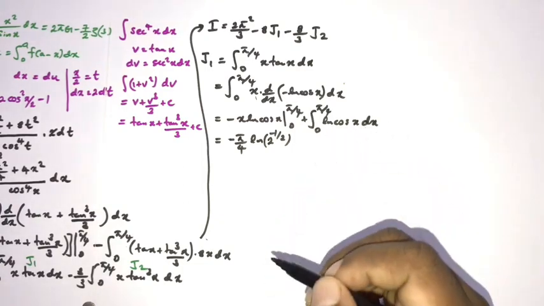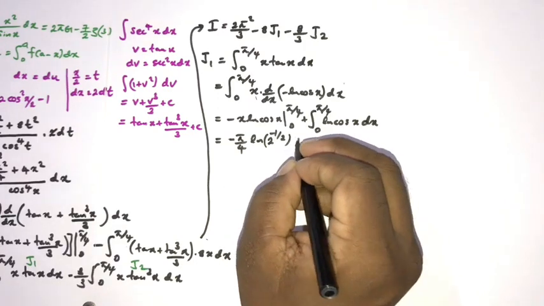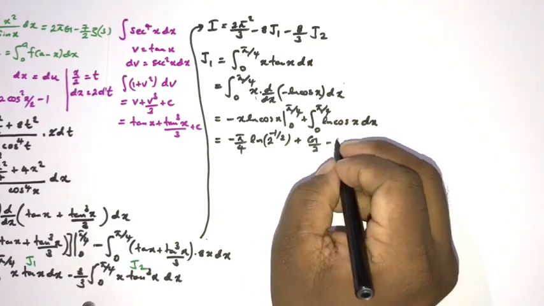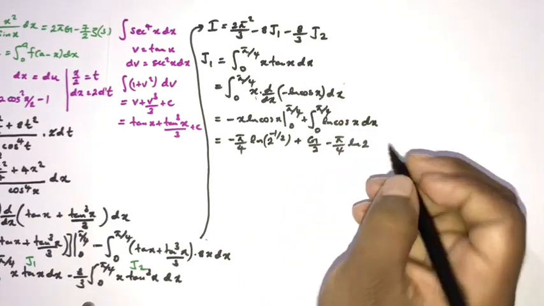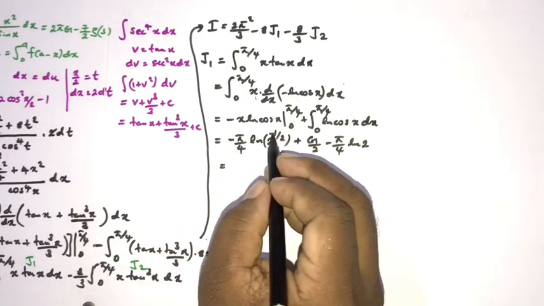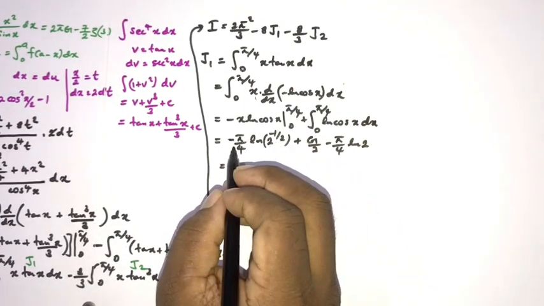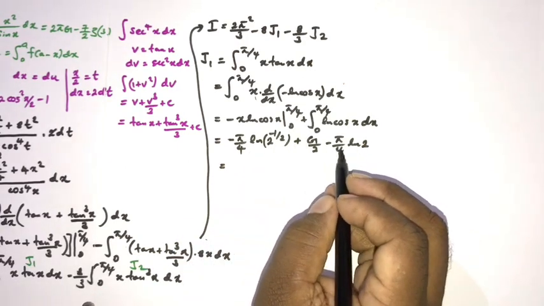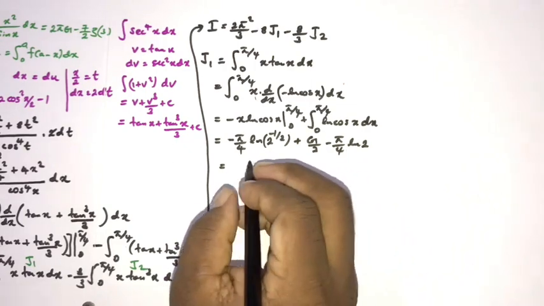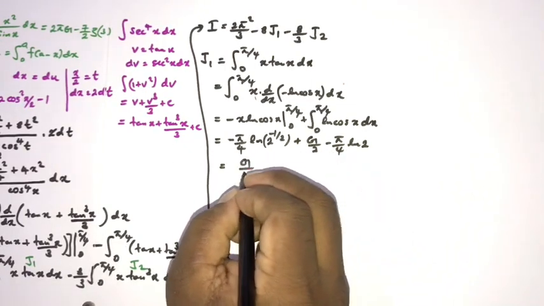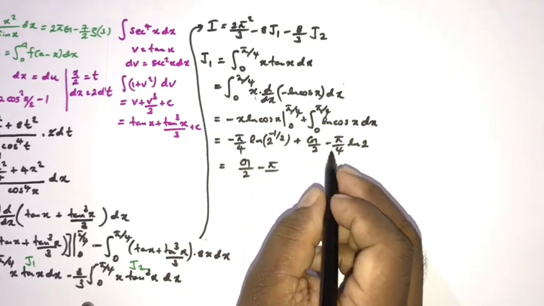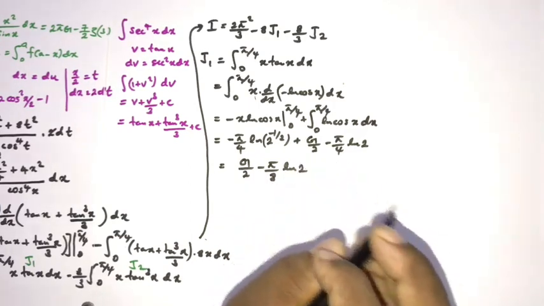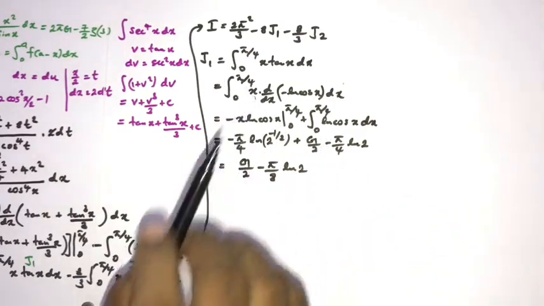I will add the link in the description, and the answer is plus G over 2, Catalan's constant, minus π/4 natural log of 2. So here this minus 1/2 we can write, so minus minus plus π/8 natural log of 2, but here minus π/4 natural log of 2, so we can simplify: G over 2 minus π/4 plus π/8, so minus π/8 natural log of 2. Okay, this is the answer for J1.